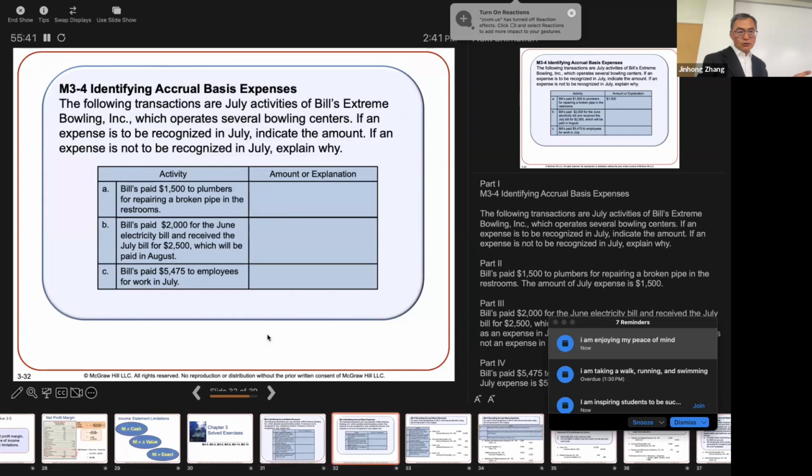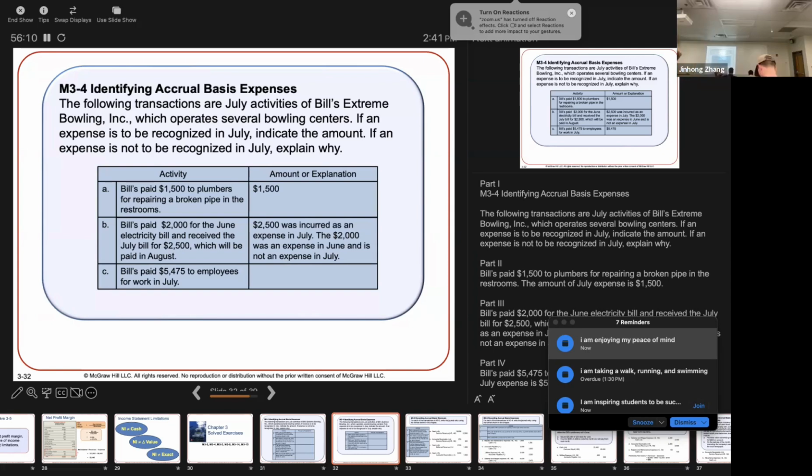Okay, so this one, identifying accrual basis expense. The following transactions are July activity of Bill's Extreme Bowling. Okay, it's still the same, I guess. Bill's paid $1,500 to plumbers for repairing the broken pipe in the restroom. That's easy. You just pay expenses and then reduce cash.